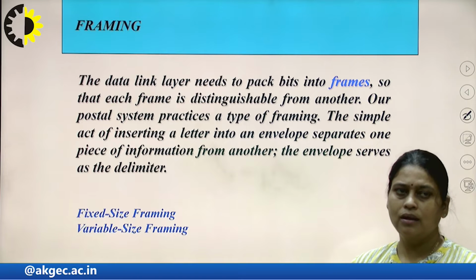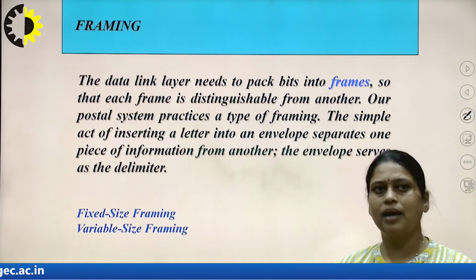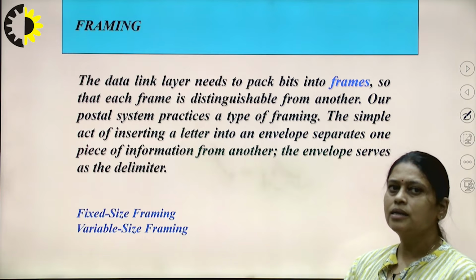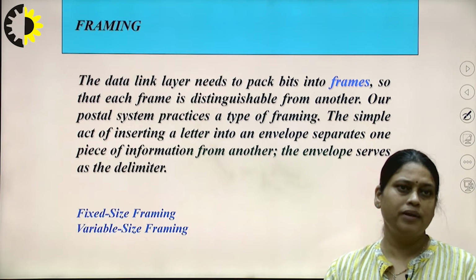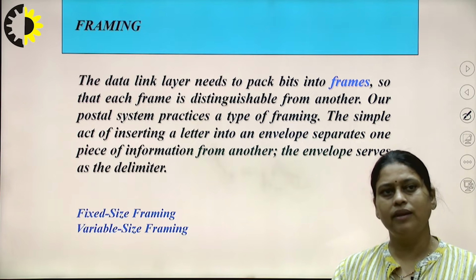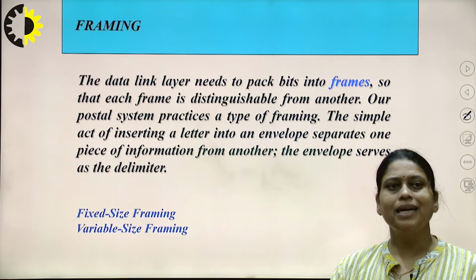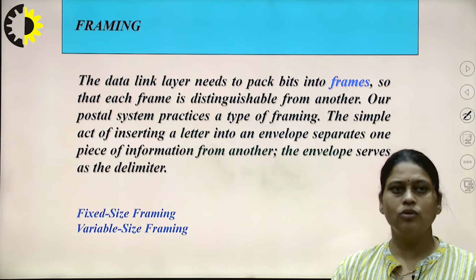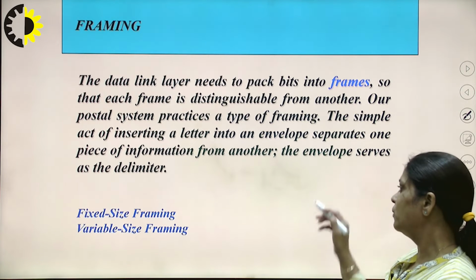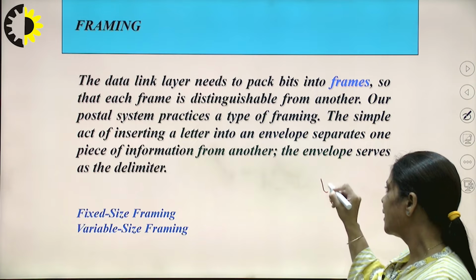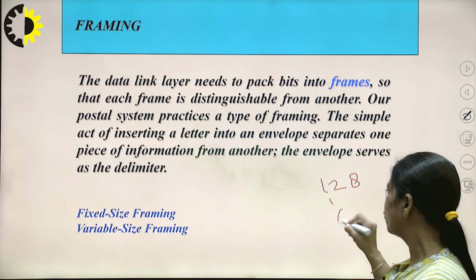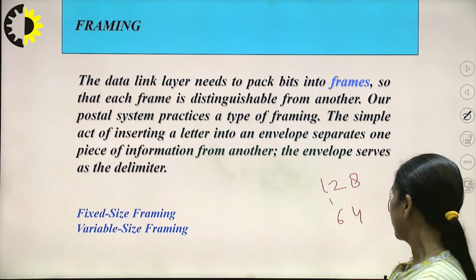When the packet reaches the data link layer, suppose it is a 128-bit packet, the data link layer will divide that packet into a number of frames. A 128-bit packet can be divided into 64-bit frames.